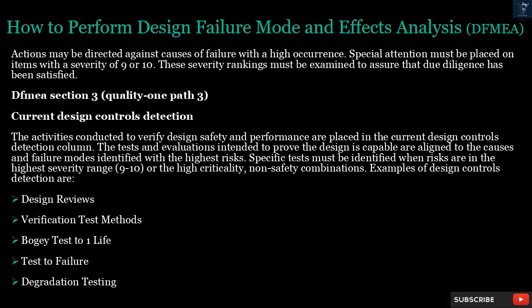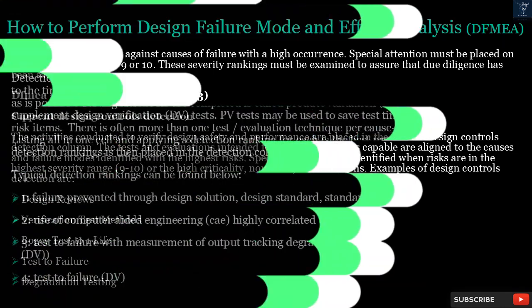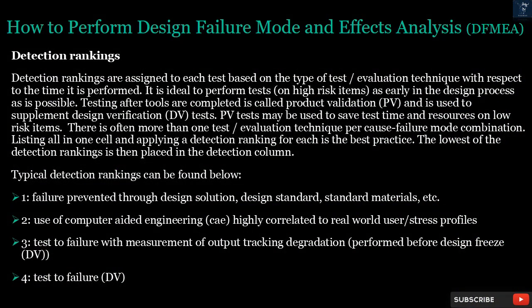Specific tests must be identified when risks are in the highest severity range, 9 to 10, or the high criticality, non-safety combinations. Examples of design controls detection are design reviews, verification test methods, bogey test to one life, test to failure, and degradation testing.